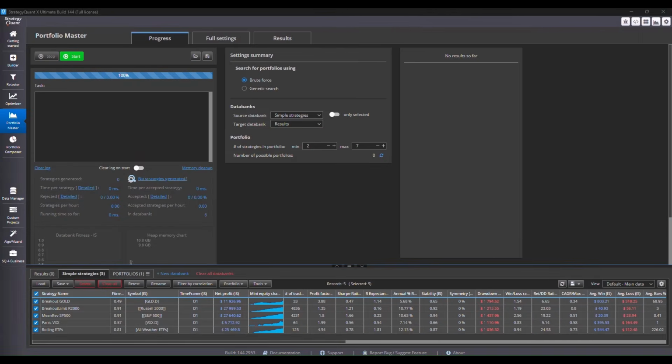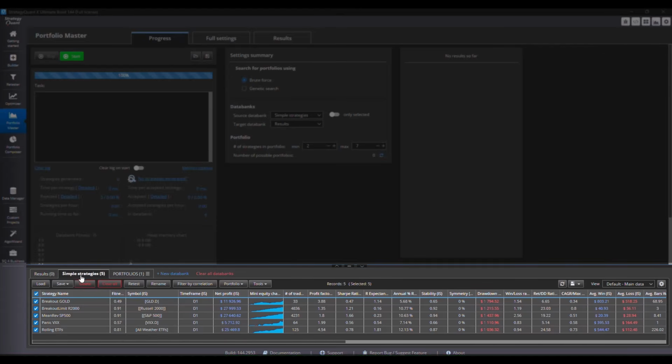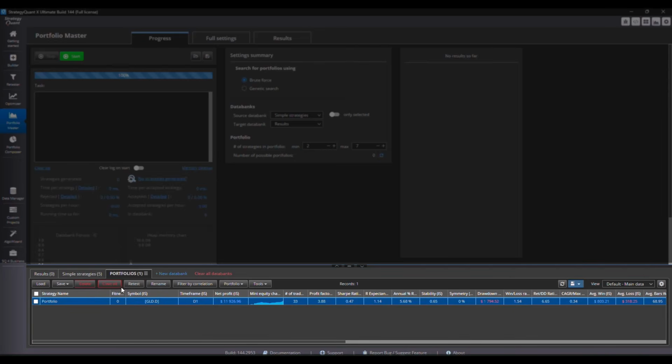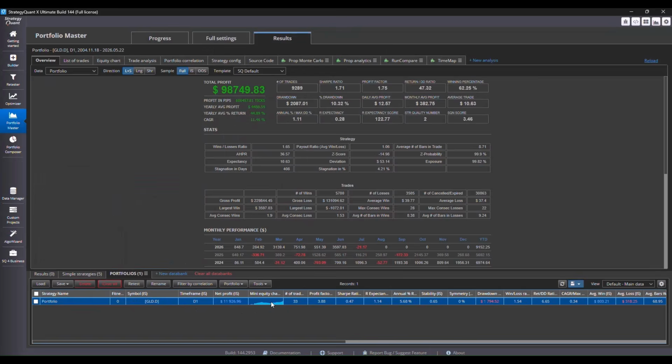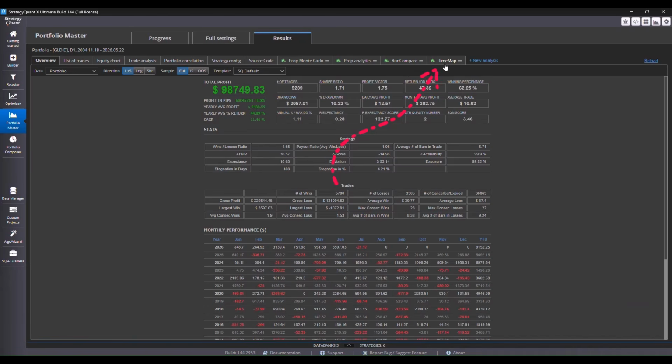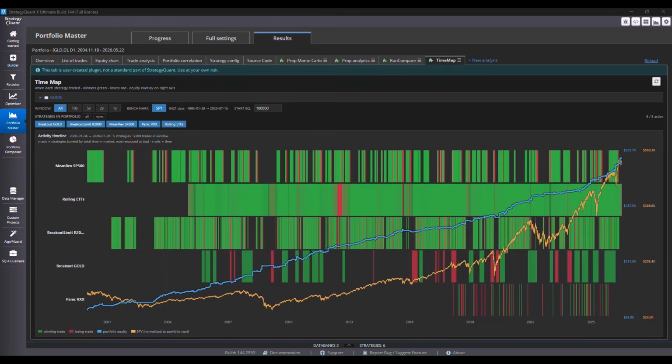Here, we have an example portfolio consisting of 5 strategies that use different trading approaches across different markets. Once we open the portfolio in the Results section and switch to Time Map, we can immediately see that each strategy operates at different times. At the top is an S&P 500 mean reversion strategy that buys price dips.